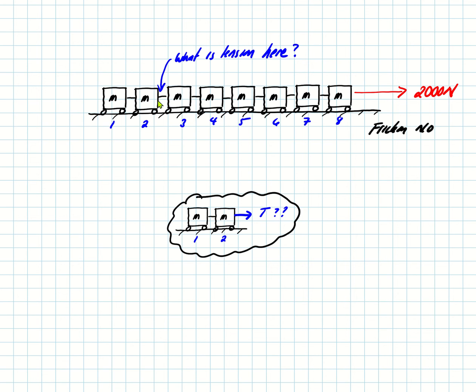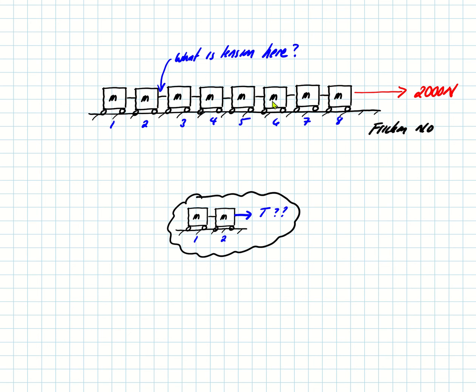So, for example, these might be like 100 kilograms each, and the string a tenth of a kilogram or something like that. Okay, so we've got 8 of these carts.